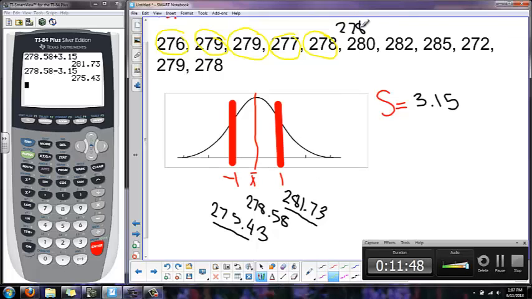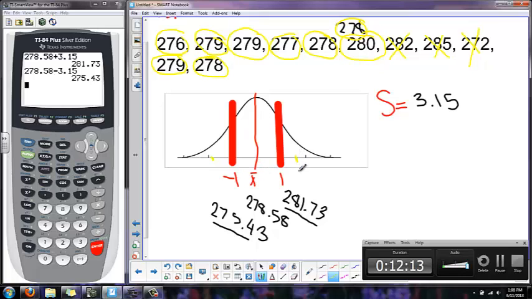And that one falls within that range as well. 280 is still less than 281, so we're good. 282, however, is too big. It's past 281, so it's out here somewhere. 285 is too big as well. 272 falls too low. It's actually below 275, so that doesn't work. 279 and 278 are both within the range.